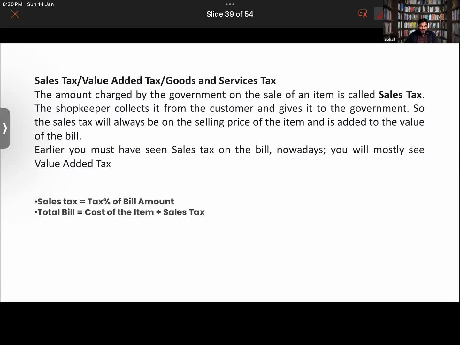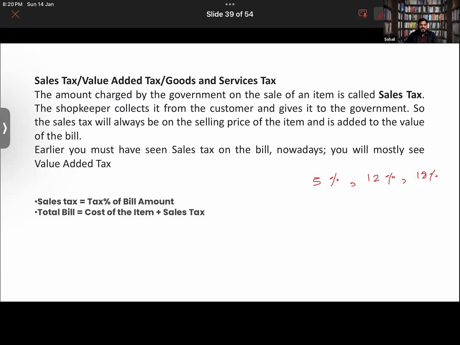For example, if you were to purchase some online courses, there will be a GST of how many percent? GST of 18% will be there. So likewise, it varies. For example, 5% is charged on some products, there will be 12% GST, 18% GST.